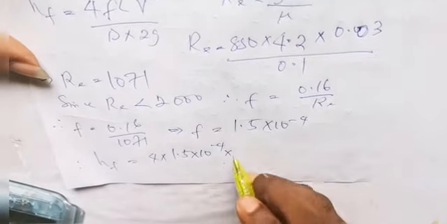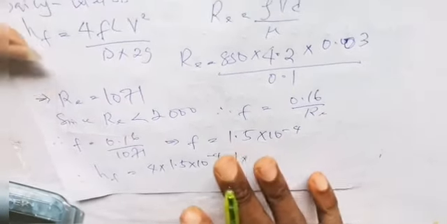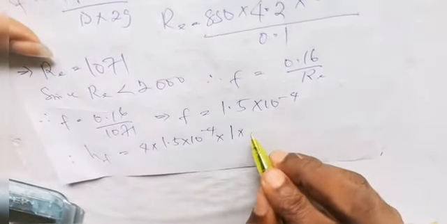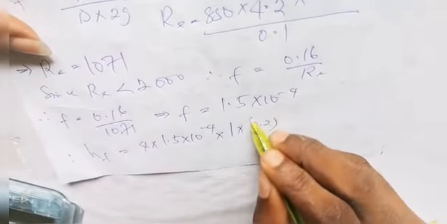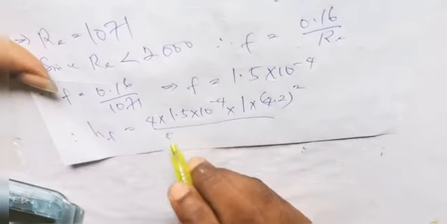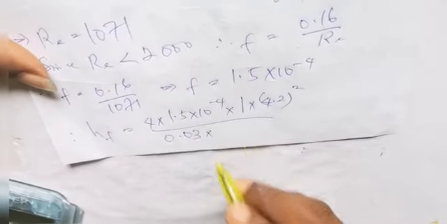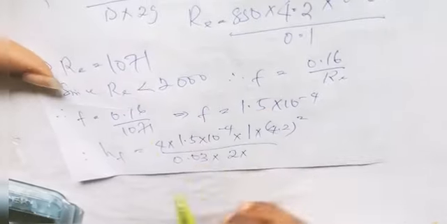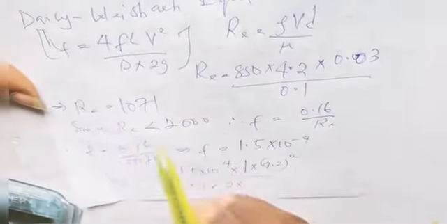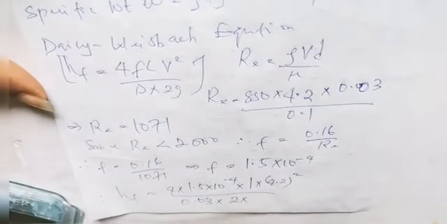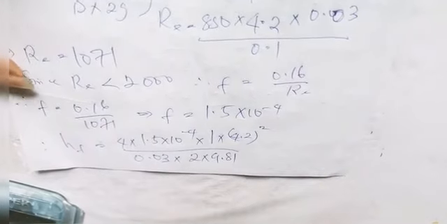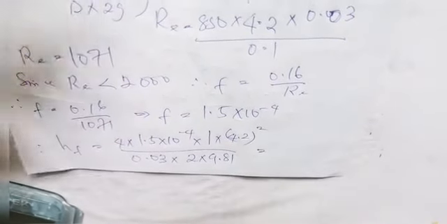Multiplied by the velocity of flow, which we got earlier as 4.2, in this case 4.2 squared, all over the diameter of the pipe, 0.03, multiplied by 2 multiplied by g. G means 9.81, which is gravity.